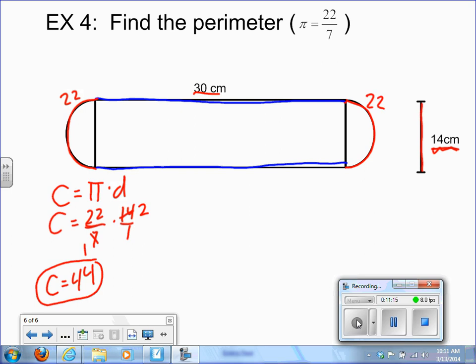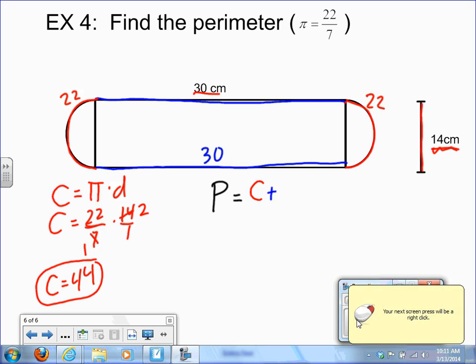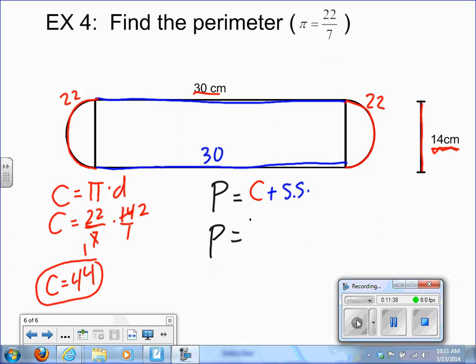So my perimeter is going to be my circumference plus my straight sides. Who can tell me what we're going to add here, Hannah? 60 and 44. Good. I've got 44 plus 60 for the sum of all of the sides together, everybody, is 104 centimeters.